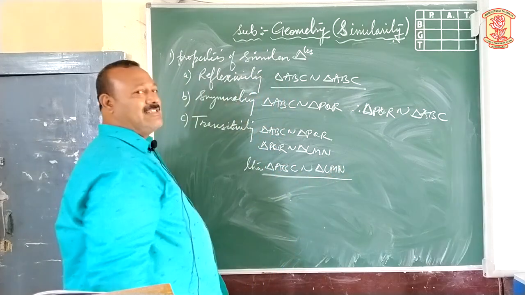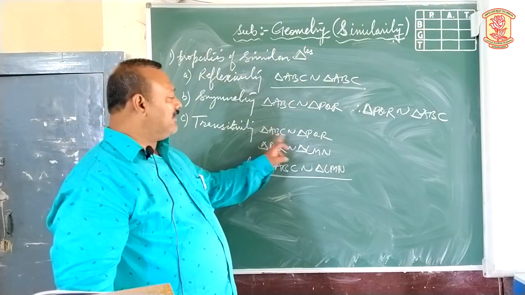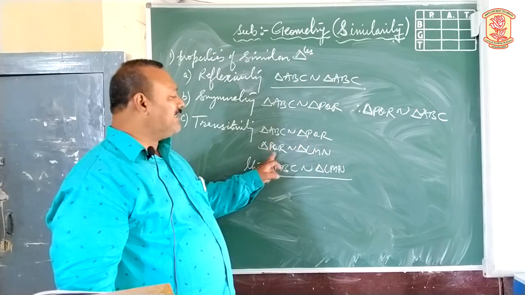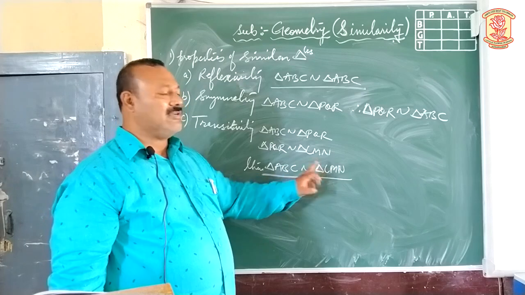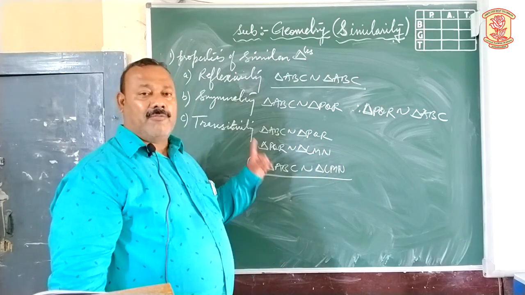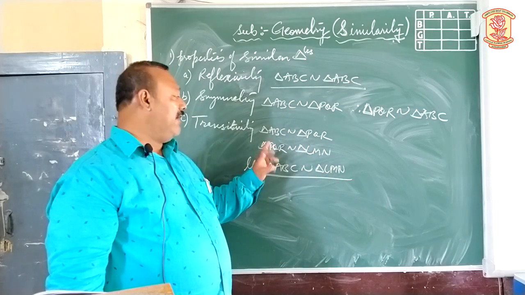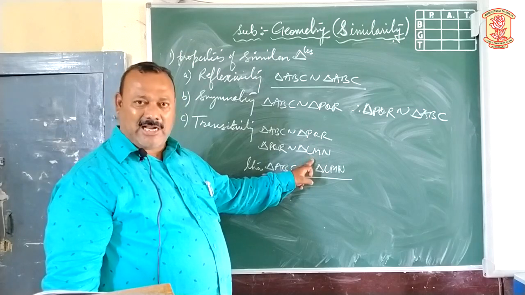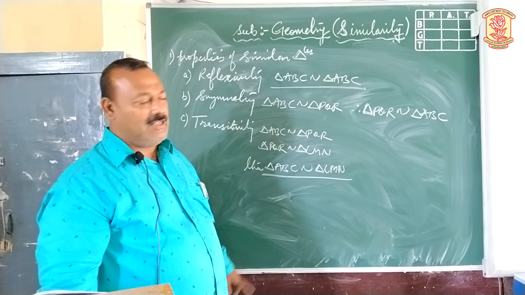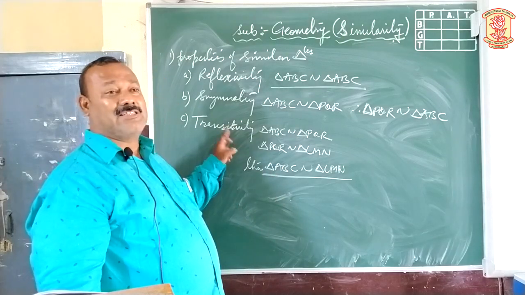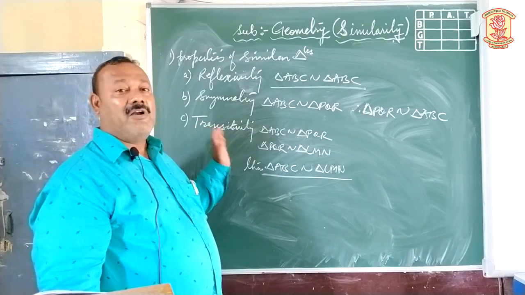In short, we can say that when the first triangle is similar to the second and the second is similar to the third triangle, therefore the first triangle is also similar to the third triangle. This property is called the property of transitivity.